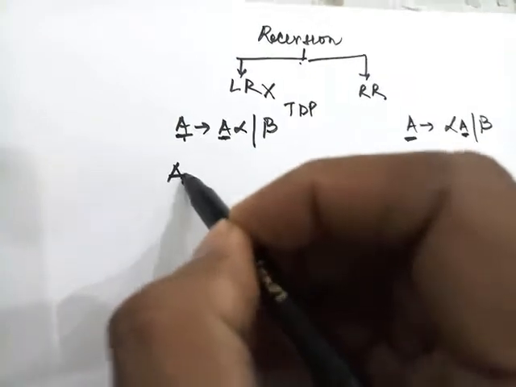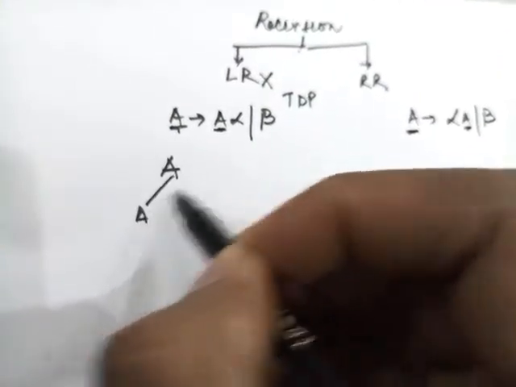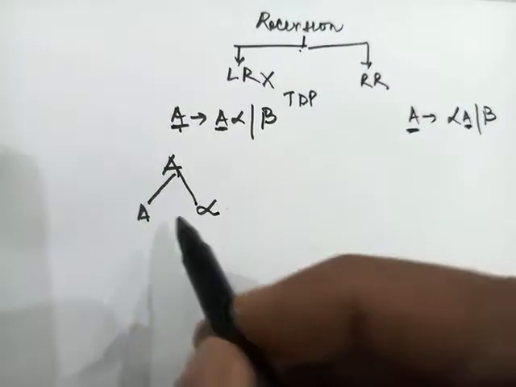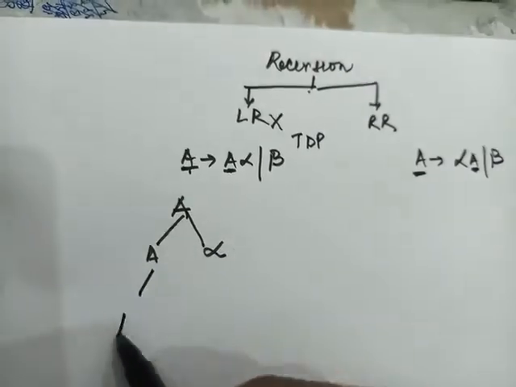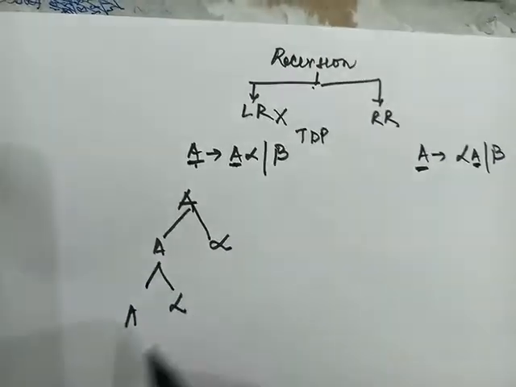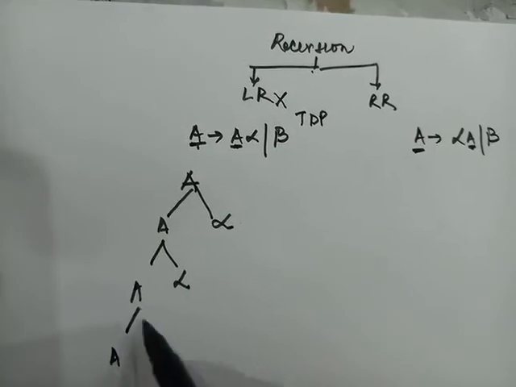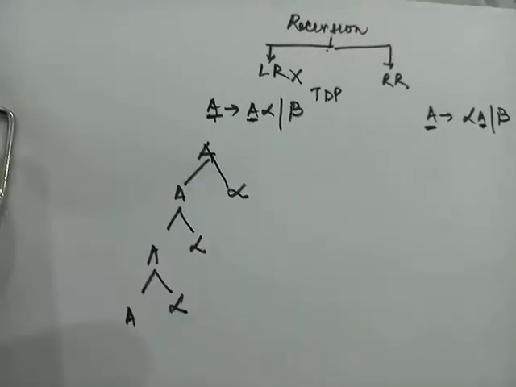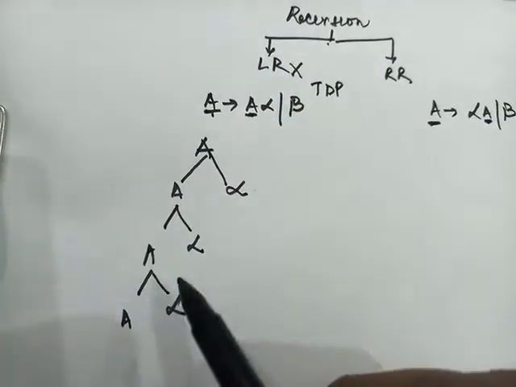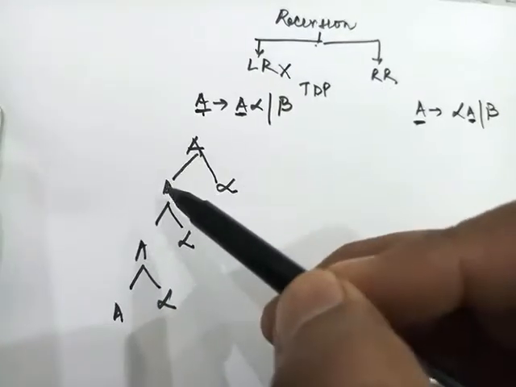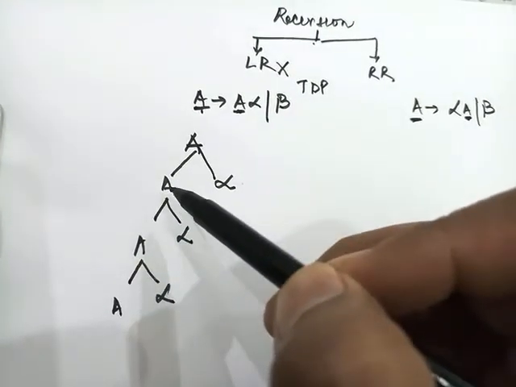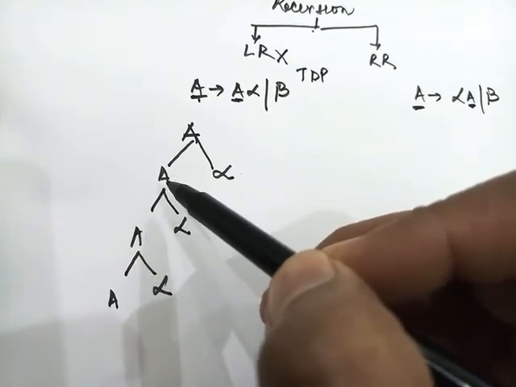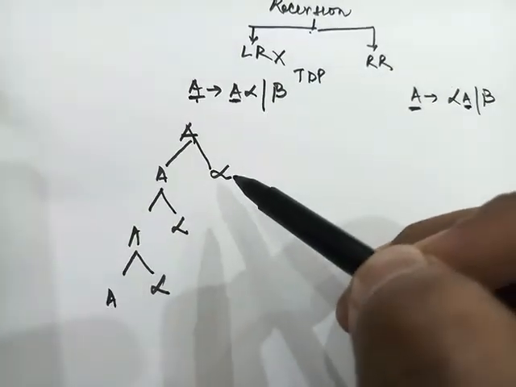Just see, if I derive A alpha, then this A, and then this is alpha, then A, and then this is alpha. As you can see in this case, whenever A expands, on the left hand side we have a non-terminal A, on the right hand side we have alpha.